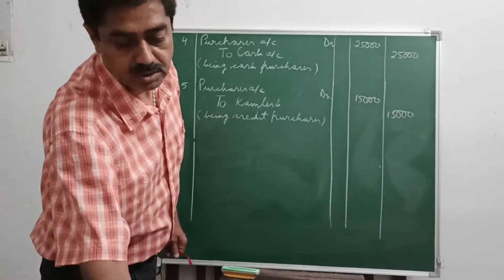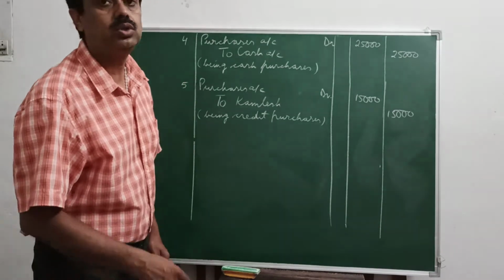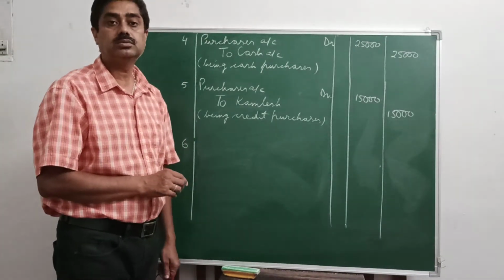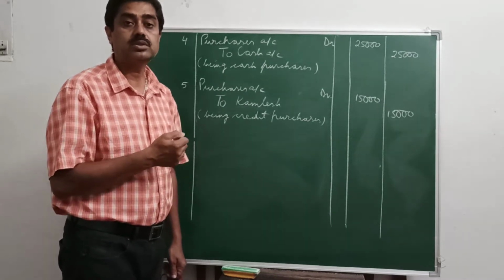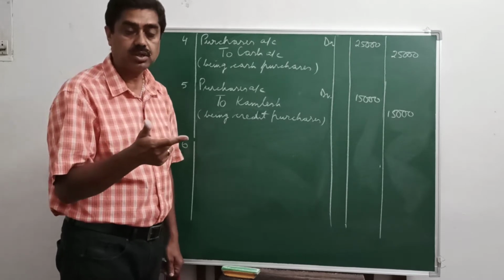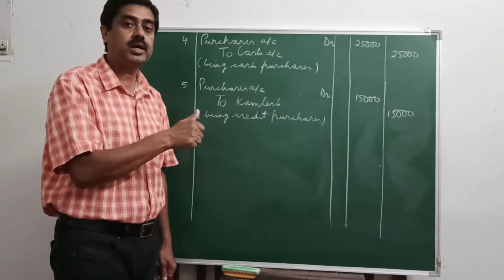Next date is, after 5th we have 6th, sold goods for cash. Now goods are going out, as you can see, or you are receiving money, income. So it is a nominal account. So we will open one cash account, the other will be sales account. Cash is coming into business from business point of view to think, not from Manohar Lal's point of view.